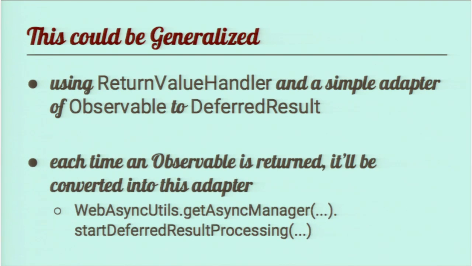By registering this handler with Spring, all your methods that return an observable will automatically be reworked into returning a DeferredResult. So you benefit from that on all your REST services that return an observable.